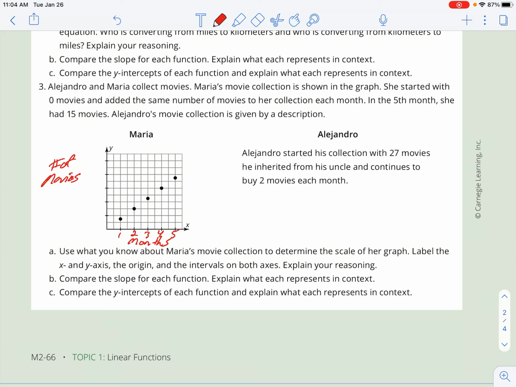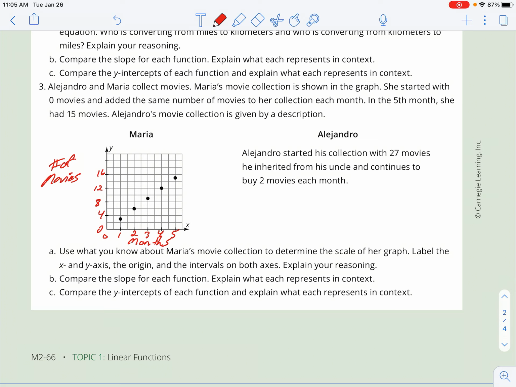To do the y-axis scale, it says in the 5th month she had 15 movies. So as I look at that, this will be nice if I go by 2s. As I label that out, I can see right here that is at 15.